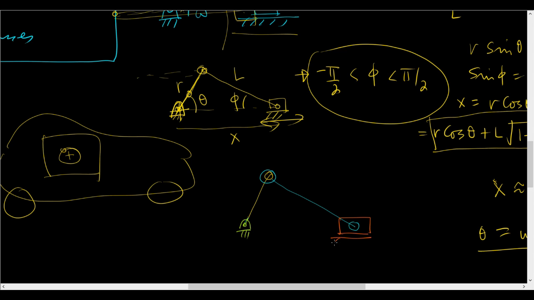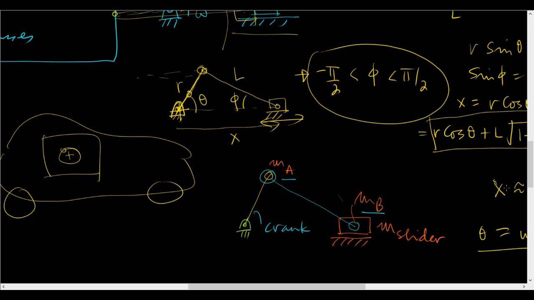Now, why am I thinking of the connecting rod as two-point masses? This is the slider. Let me call this MA and MB the point masses that I will use for the connecting rod, and this is the crank part.